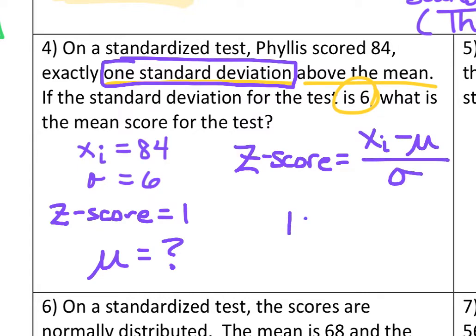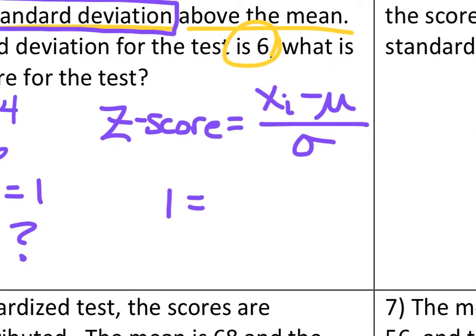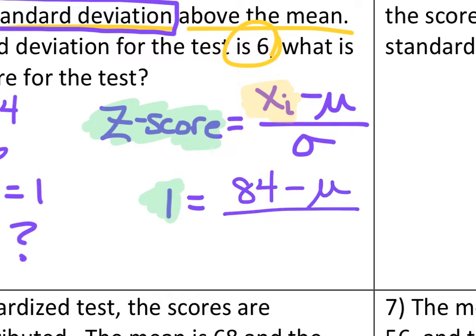In this case, the z-score is 1. You're just going to substitute. You're essentially substituting what you know. So I know that the z-score is 1. I know that Phyllis's score is 84. I don't know what the average is.